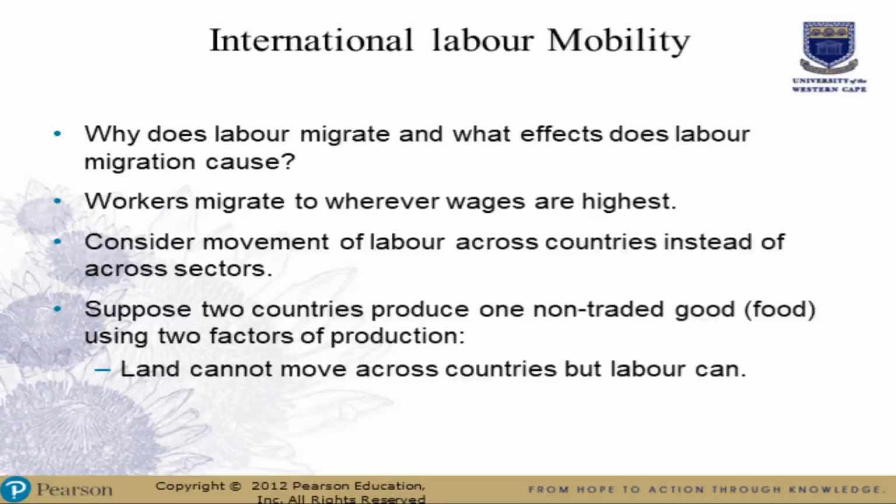To analyze the effects of migration, let us assume that there are two countries which produce only one good, food, with labor that is mobile and land that is immobile. Since there is only one good, we observe trade in labor services across the countries.